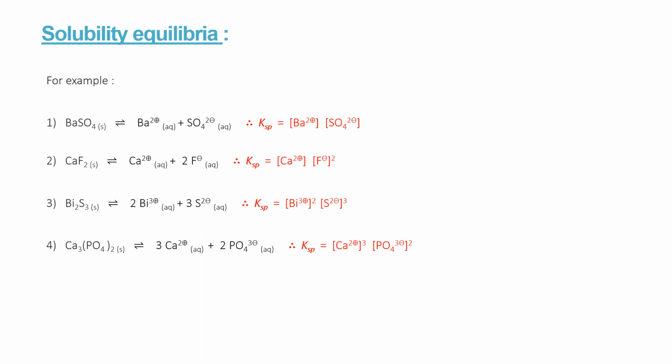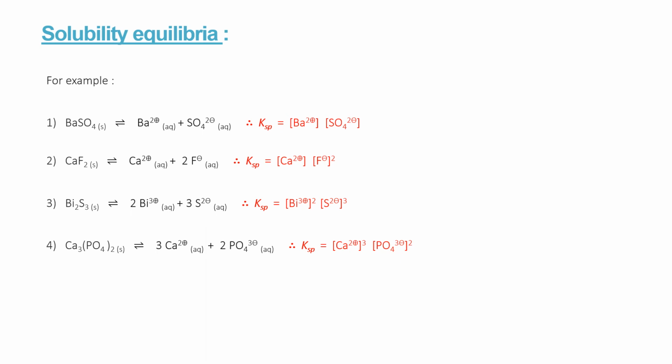Now take another example, CaF2. CaF2 gives Ca2+ and 2 fluoride ions. The coefficient for calcium is 1 and for fluoride it is 2. So Ksp is equal to [Ca2+] raised to 1 into [F-] raised to 2.